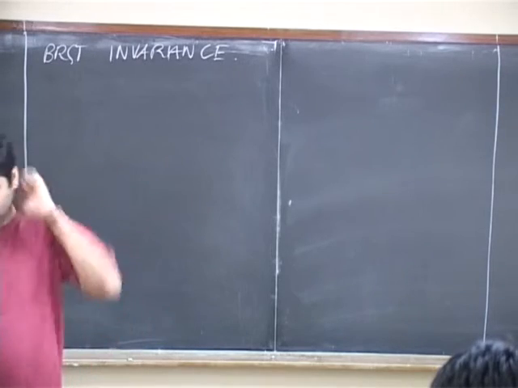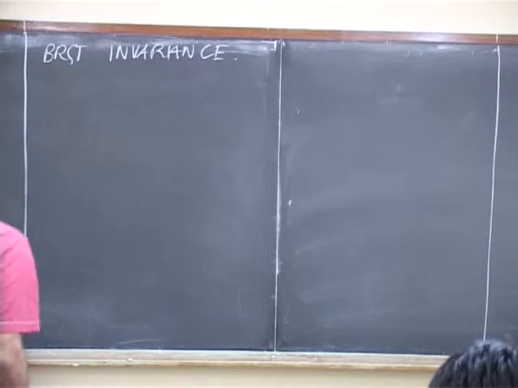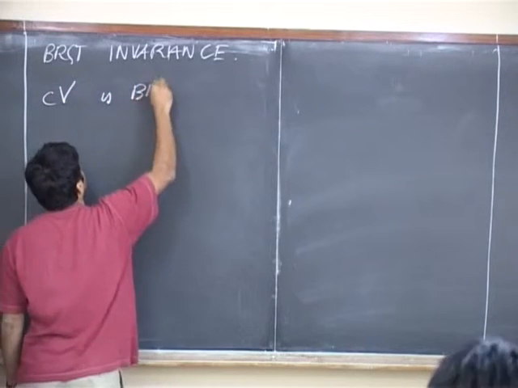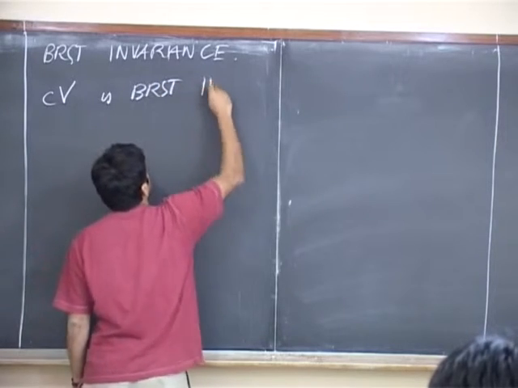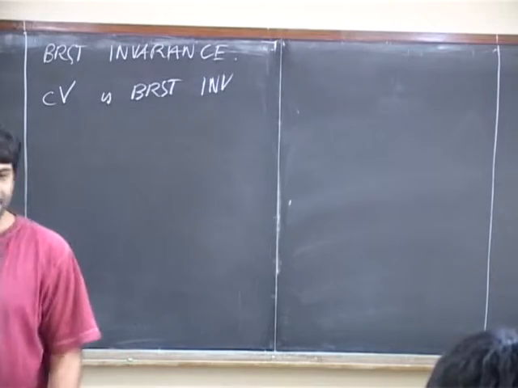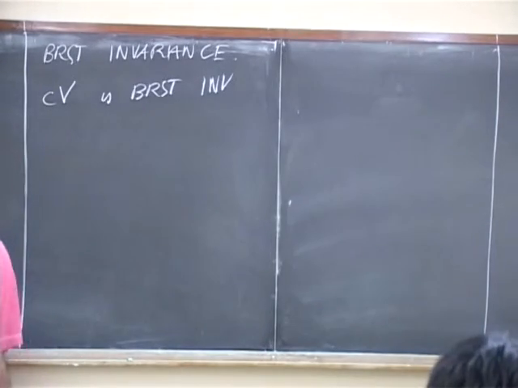Okay, so there are two things you might be worried about with BRST invariance. You see, we know that C times B is BRST invariant. This we know, right? This was the content of our lecture a couple of times ago.